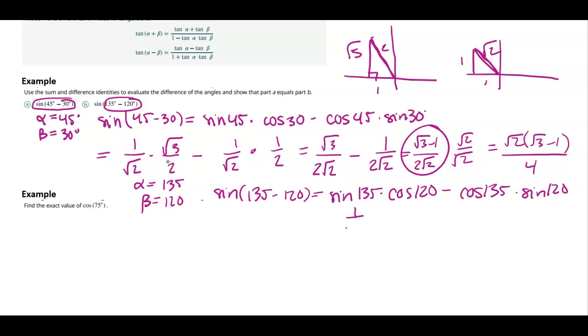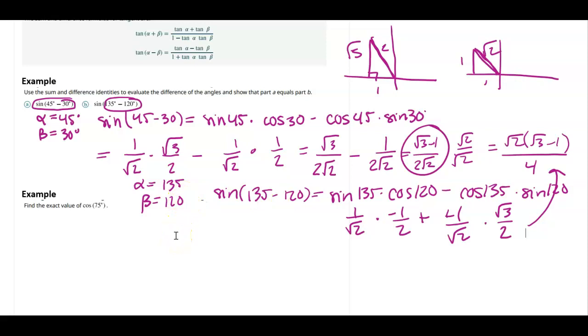The sine of 135 times the cosine of 120, and then minus, we have cosine of 135 times the sine of 120. And since these end up being positive, you subtract, you end up getting the exact same answer here.